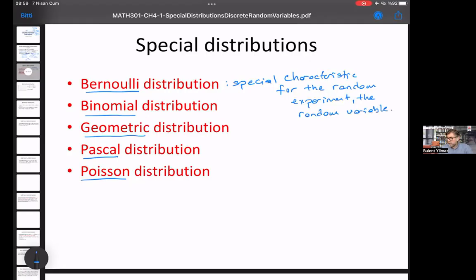Okay, so for example, if I flip a coin, what are the possible outcomes? They are heads or tails, right? If I choose a person from a class, it's boy or girl. If I look at the outcomes of an exam, for example, pass, fail.